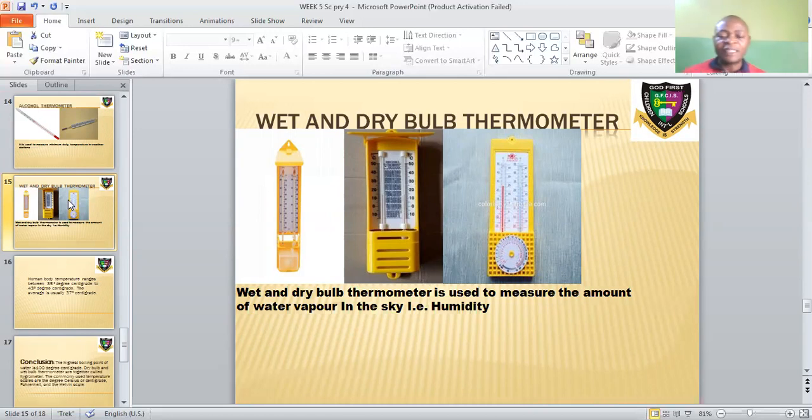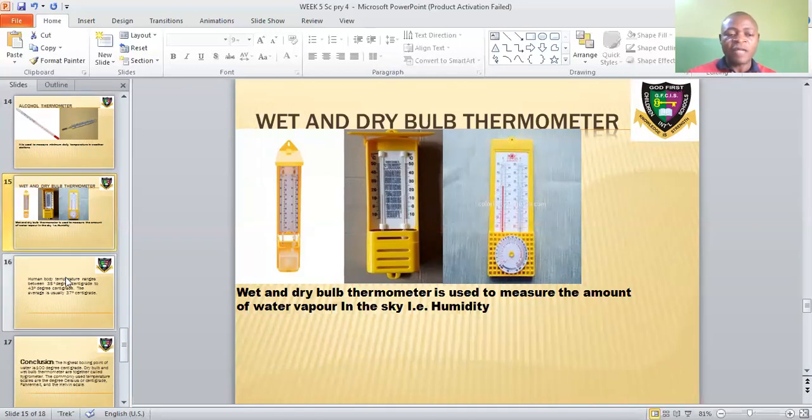Humidity. That is the amount of rainfall we have in the sky. The wet and dry bulb thermometer can easily measure that, that is the humidity. What is humidity? Humidity simply means the amount of water in the sky, how wet or how dry the sky is.